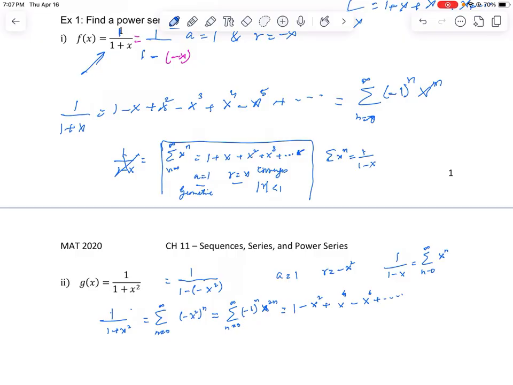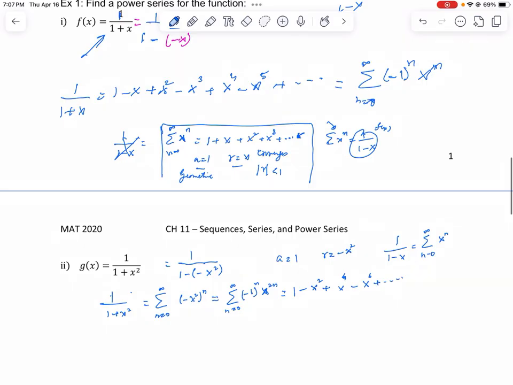Now we are looking at a function, and this is its series representation. So now we do our examples. In example 2, we have 1 over 1 plus x squared.